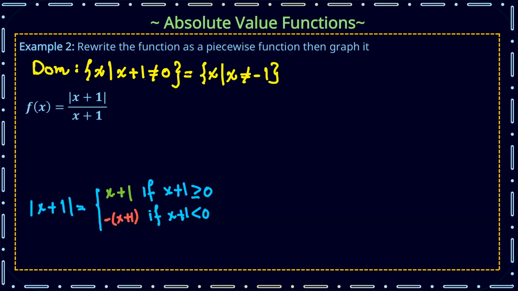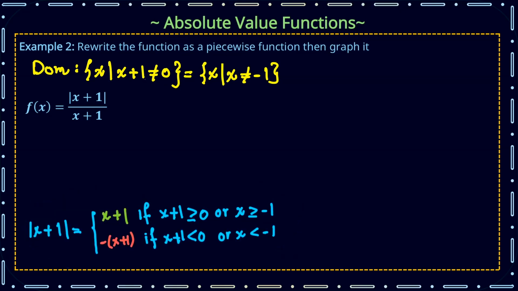Let me just rewrite these intervals. The first one is x greater or equal than negative 1. I'm subtracting 1 from both sides. And the second one is x less than negative 1. Let's keep this piecewise definition in mind.